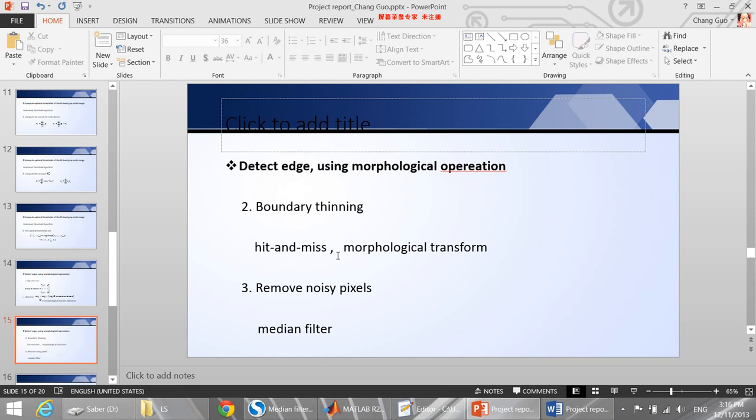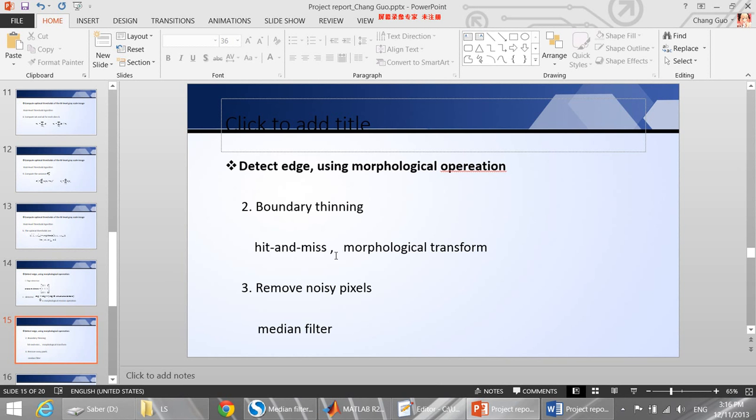If we use hit and miss transform, we could use 3 masks. We can search extra pixels in the horizontal direction by rotating these masks by 90 degrees.